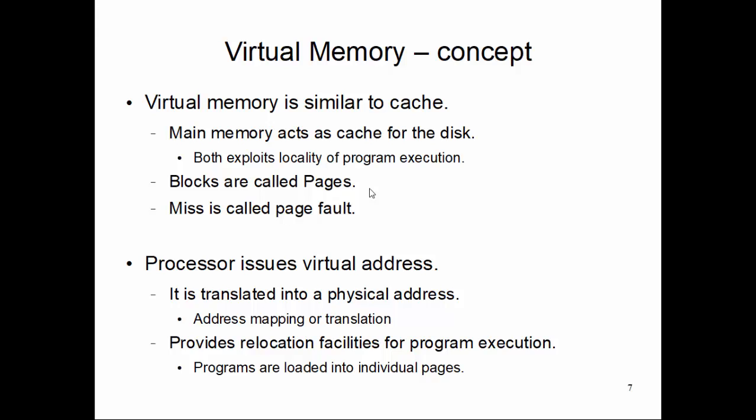Now, what the processor issues is a virtual address, and then it gets translated into a physical address. Address mapping or translation happens in this system. It also provides a relocation facility for program execution, because your software program is operating on the virtual address, which means the entire address space is available to it.